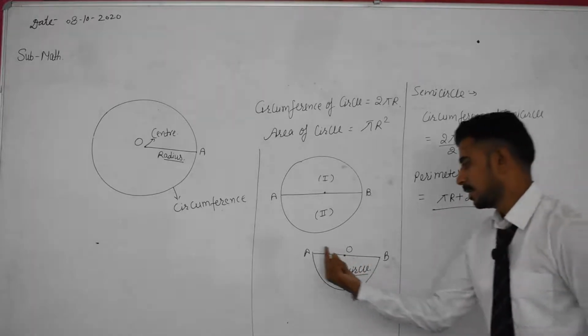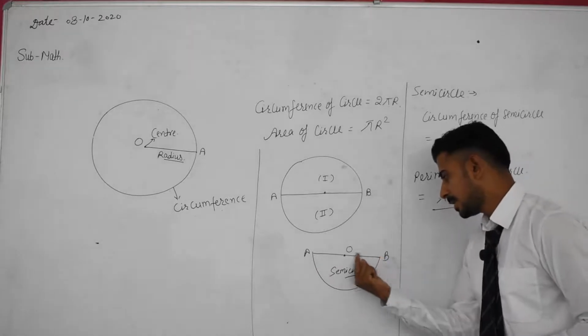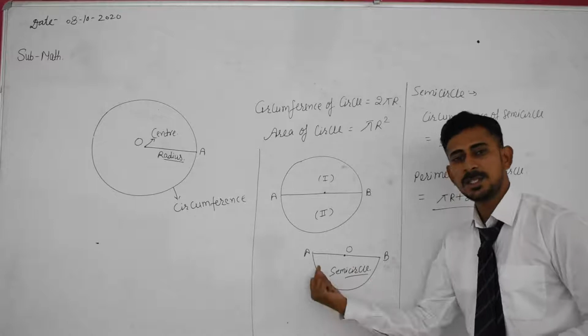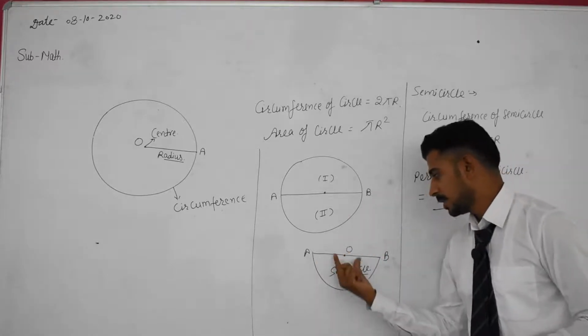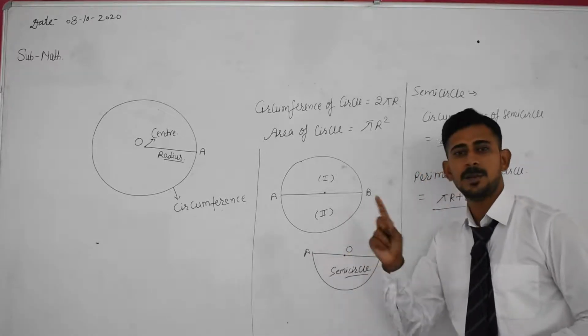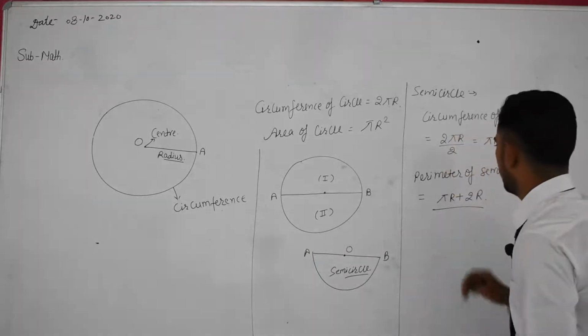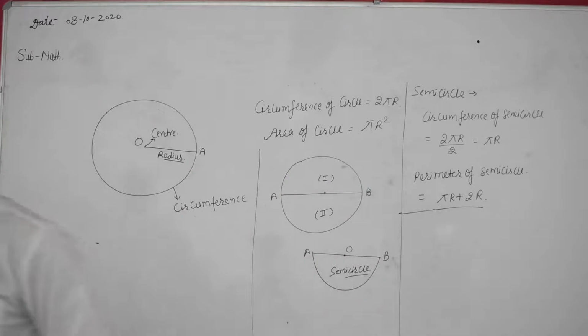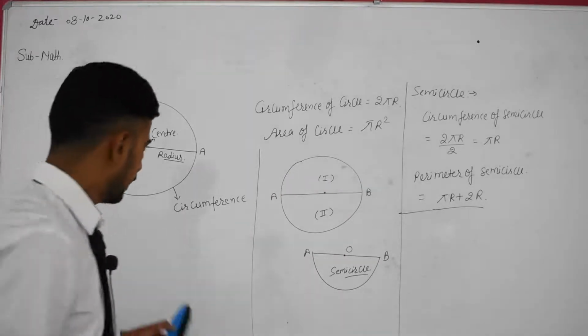Perimeter is circumference plus diameter, meaning r plus r, 2r, plus the circumference. So 2r plus circumference is the perimeter of a semicircle. Okay, these are the formulas of circle and semicircle.